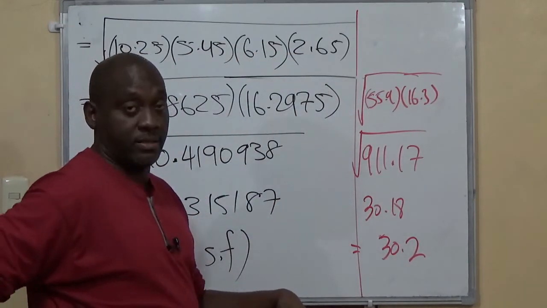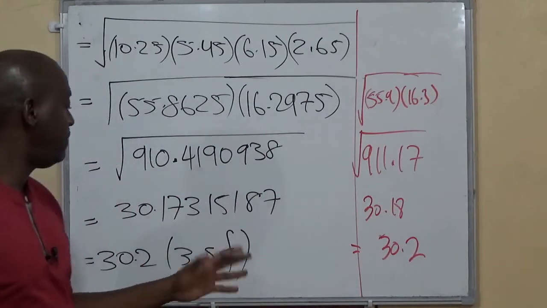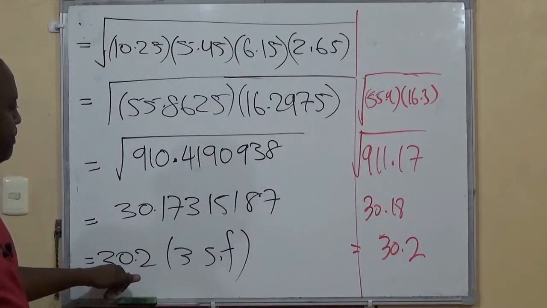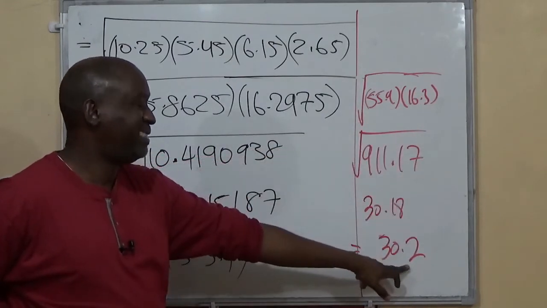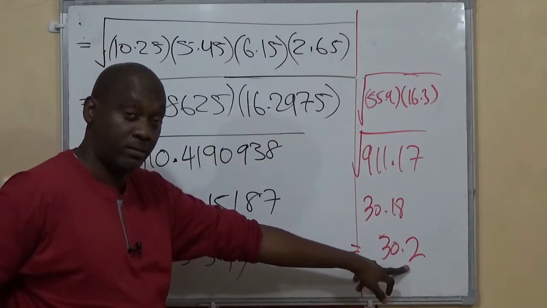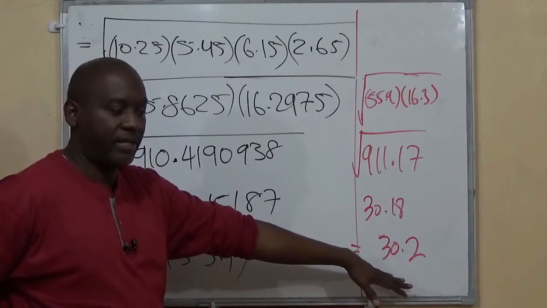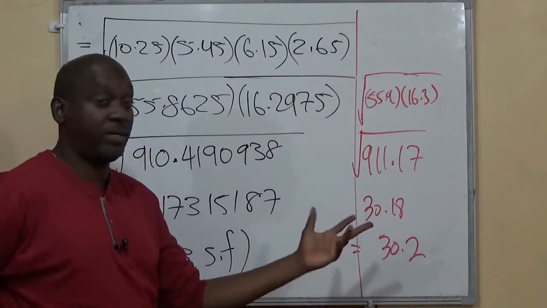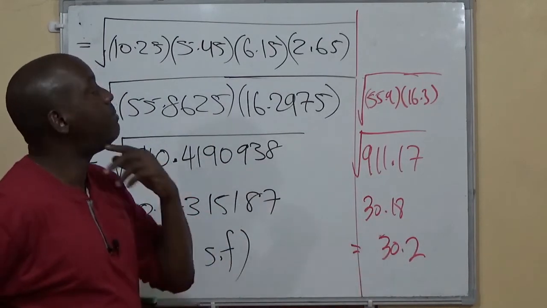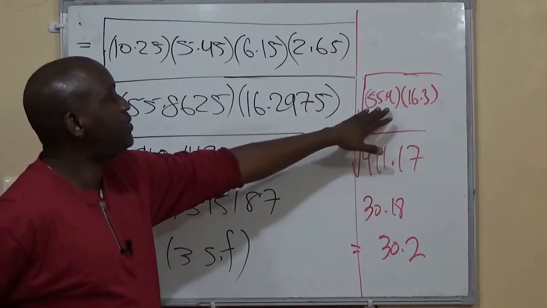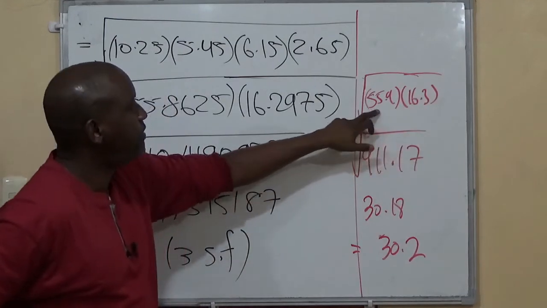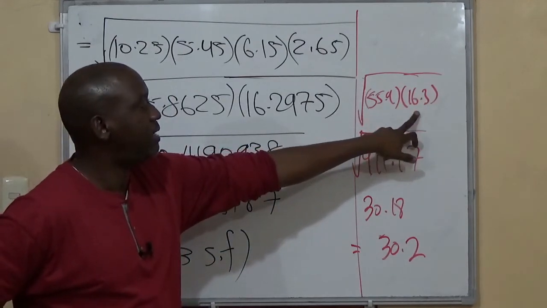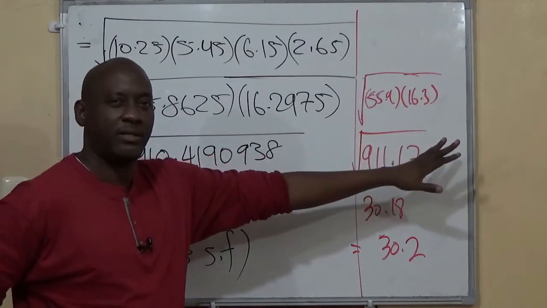There are questions in similar circumstances where you get 30.2 here and you cut up the number here and you might get 31 or 32 down here, or 29, depending on how you cut it. Alright, so for example, if you decide that you're too lazy to write all of this, and you go with 56 here and 16 here, then it's a different level.